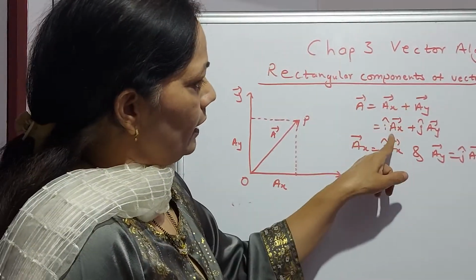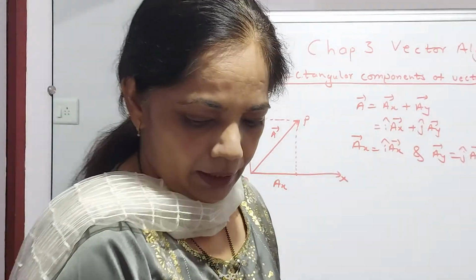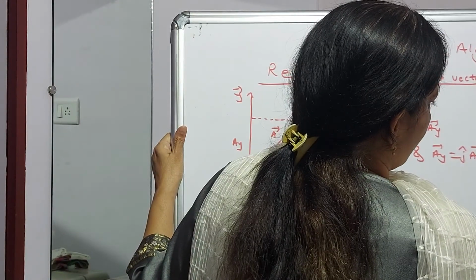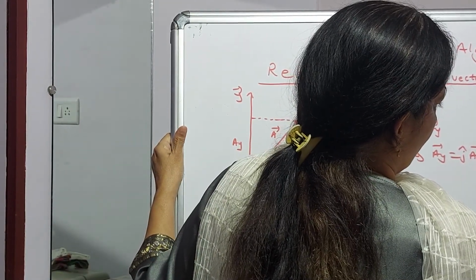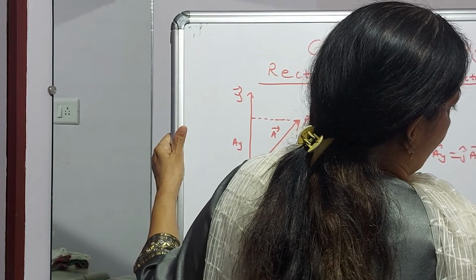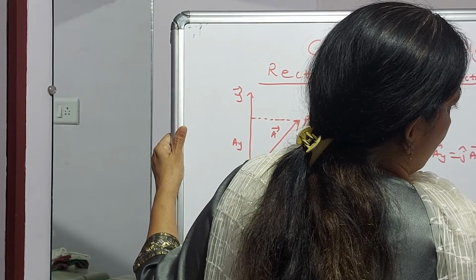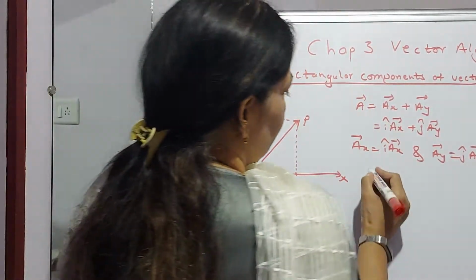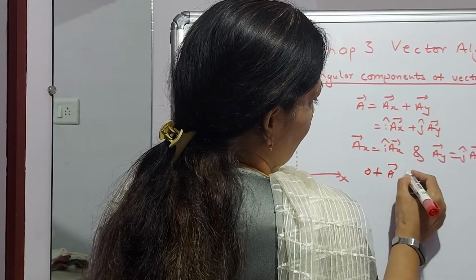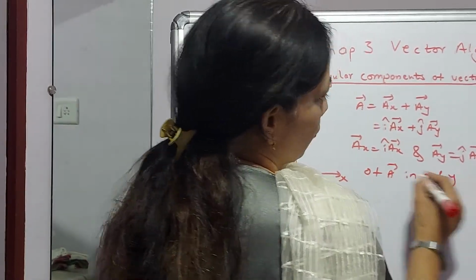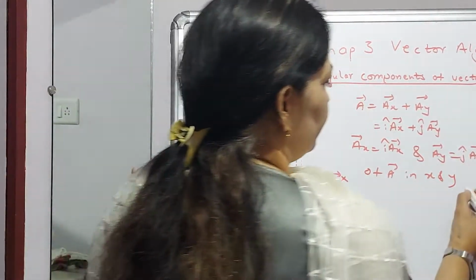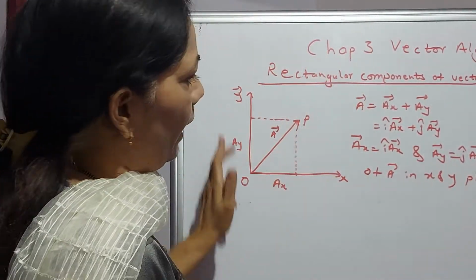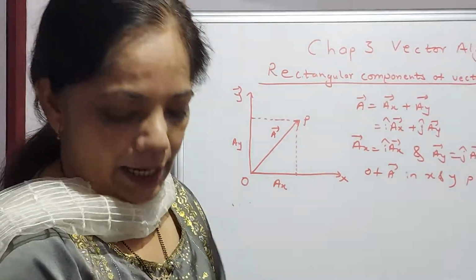Correct? These are the rectangular components of vector A in the X and Y plane.